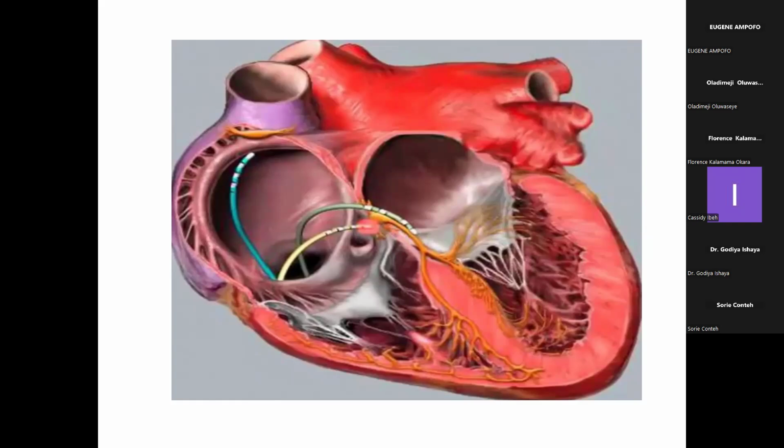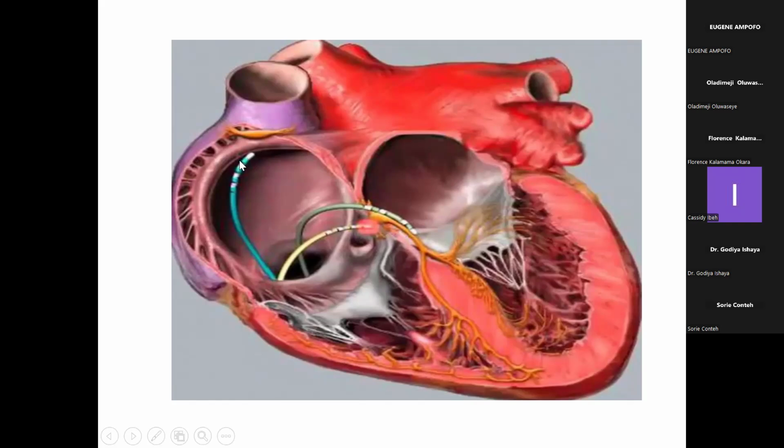So the catheters are passed close to those conductive tissues. For example, this is a catheter in the right atrium, and you will notice that the catheter is close to the roof of the right atrium, simply because the SA node is at the roof of the right atrium. So they usually call this the high right atrium catheter, HRA for short.